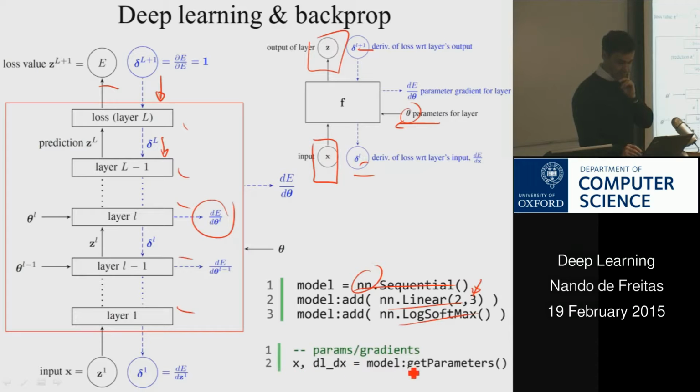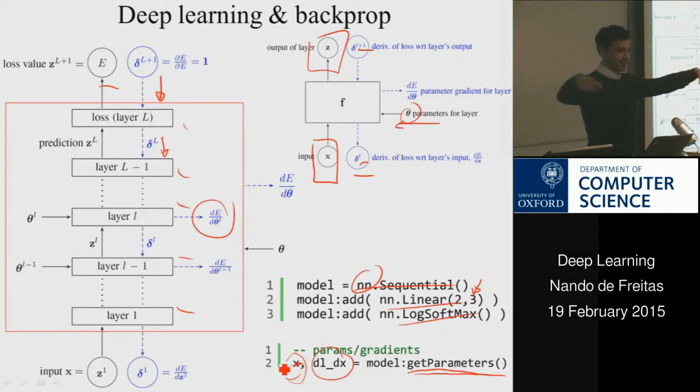One of the things you probably saw when going over the code is that there are these global parameters. In this case, the parameters are x, and dldx in the code was the gradient with respect to the parameters. Basically in Torch, all your parameters get put in this vector.